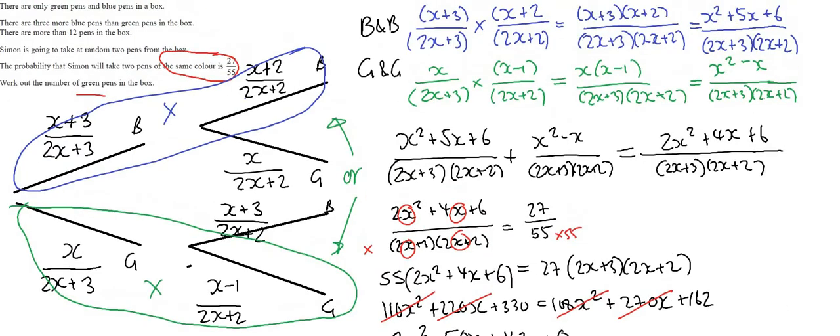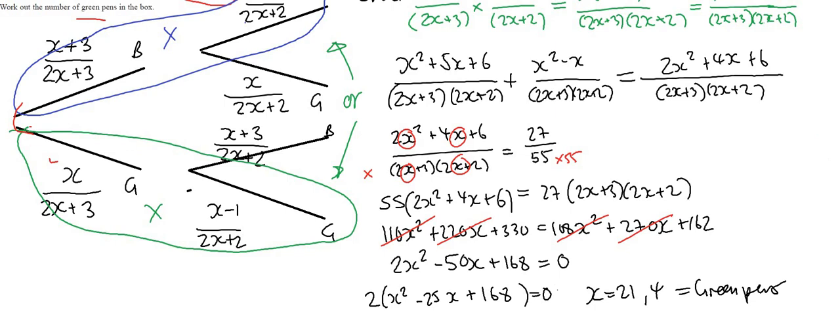Now we'll go back to what might have seemed like a strange thing at the beginning of the question. Right here, it says that there are more than 12 pens in the box. So if we do the first one, if x equals 4, remember that's green, that means that blue equals 7.